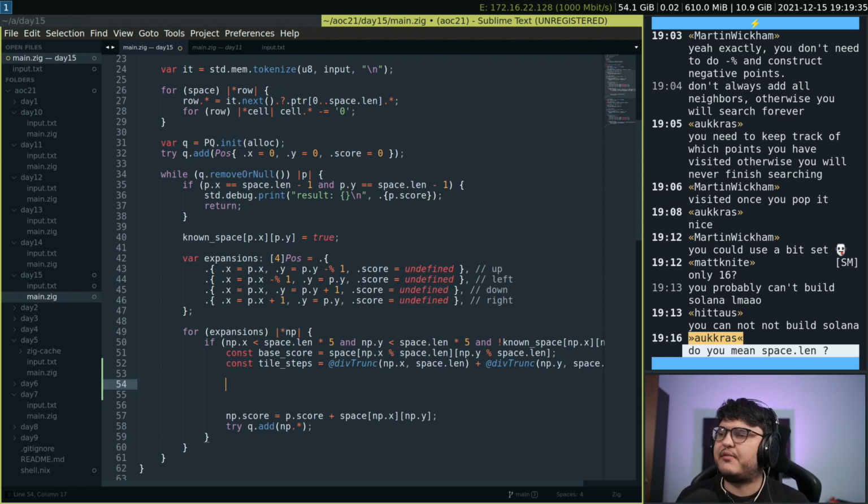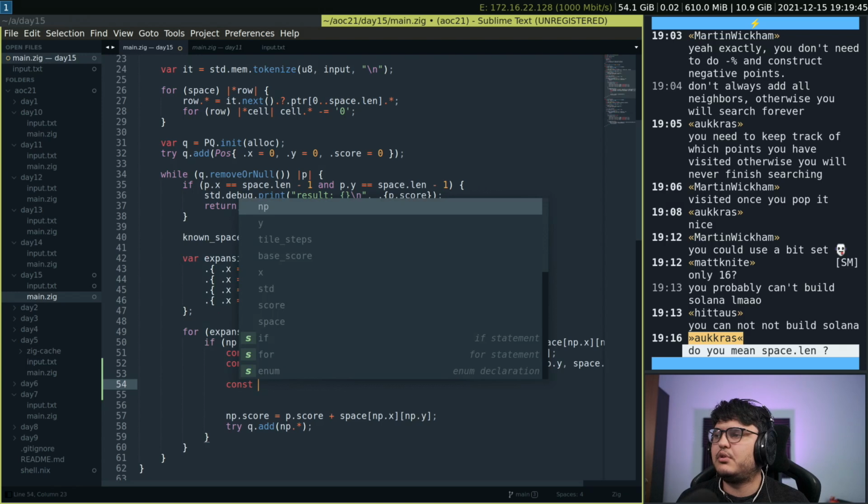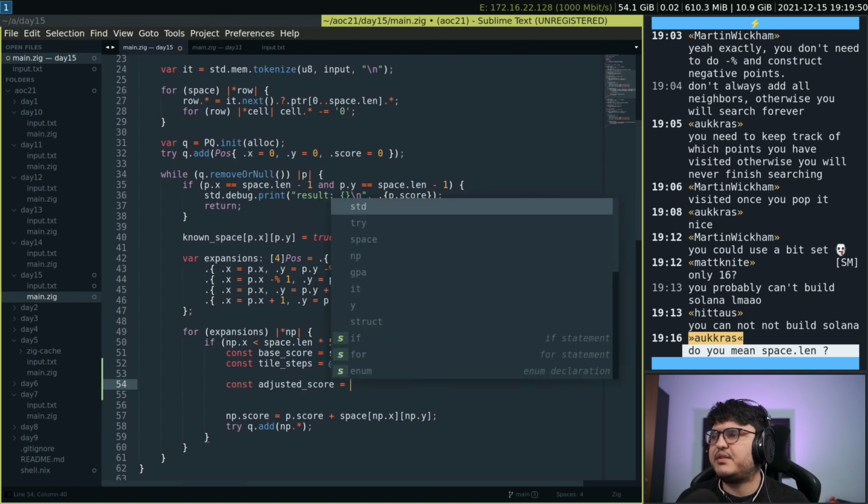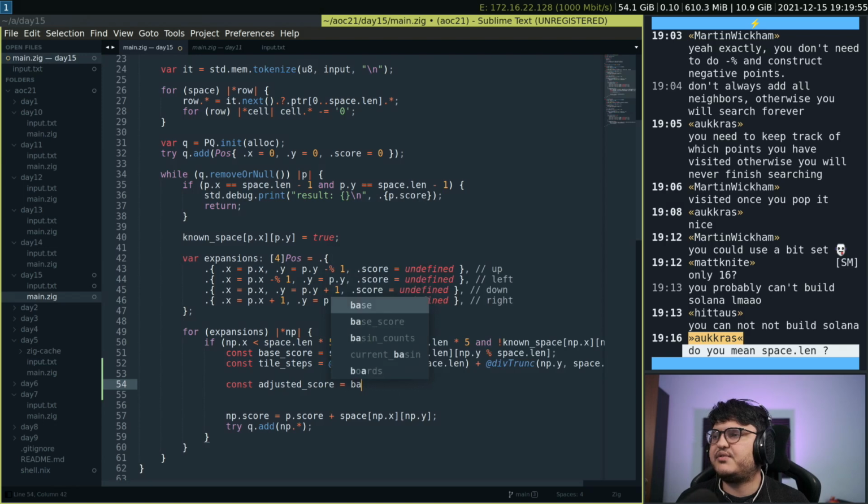Basically what I would like to do as a starting point is do const adjusted score, I don't know. I would like for this to be basically base score plus tile steps.